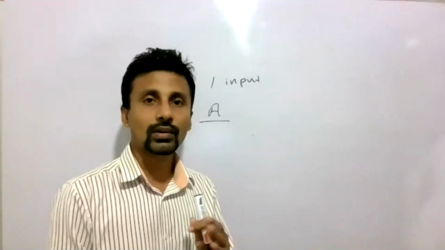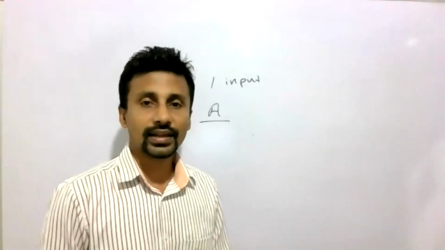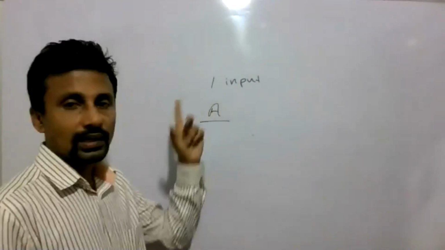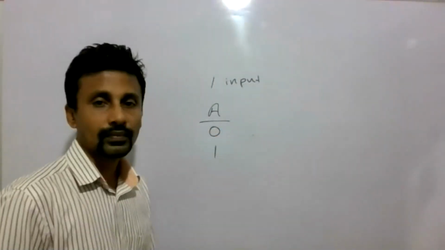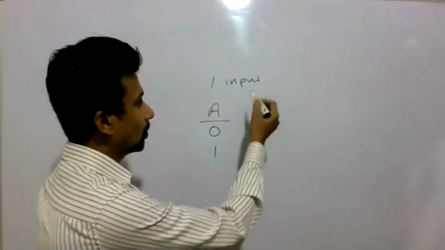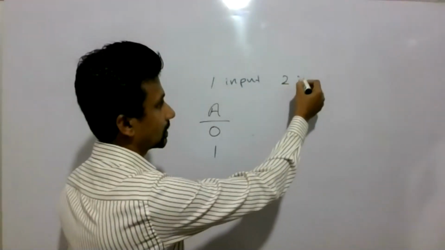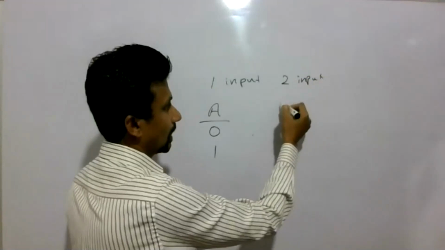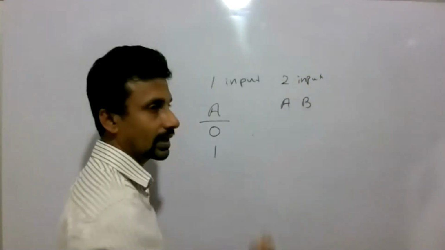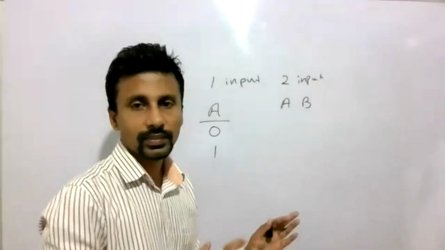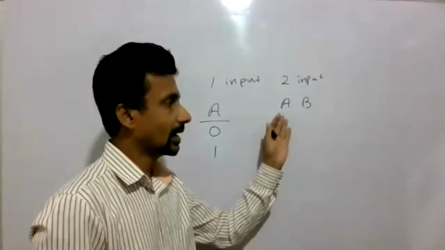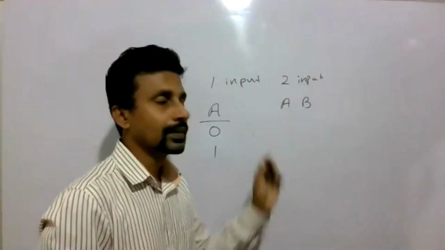You cannot have other values. If you have one input, that is 1 bit, you can have either 0 or 1. If you have two inputs, I take A and B. It doesn't matter, you can take any letter, input 1, input 2, but it is easy for me to use A and B.